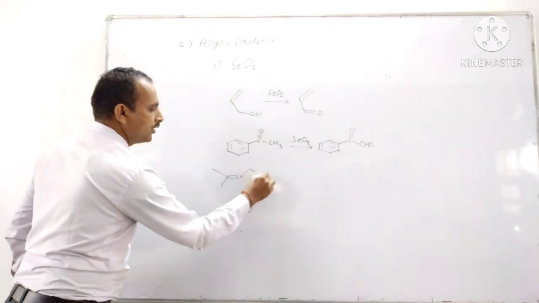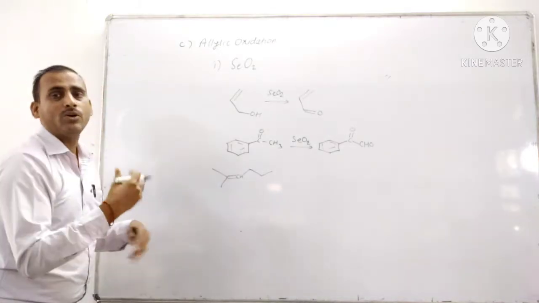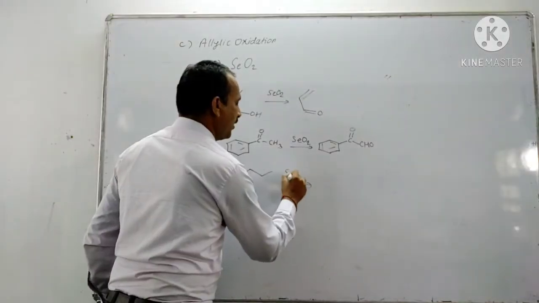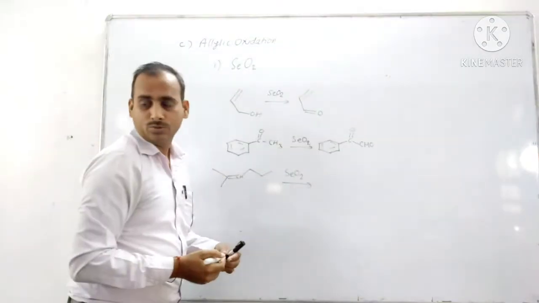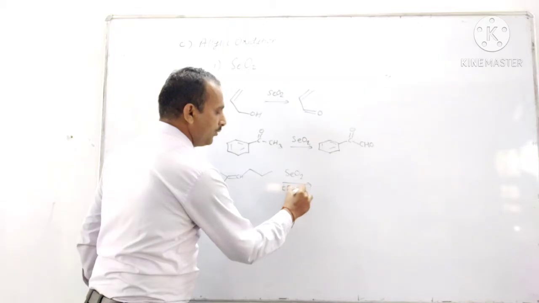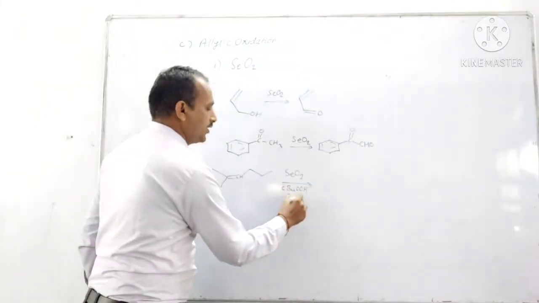Instead of this CH2, this methylene group undergoes oxidation by SeO2 in the presence of tertiary butyl hydroperoxide and DCM as a solvent.